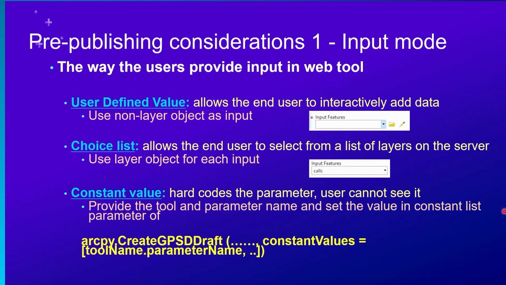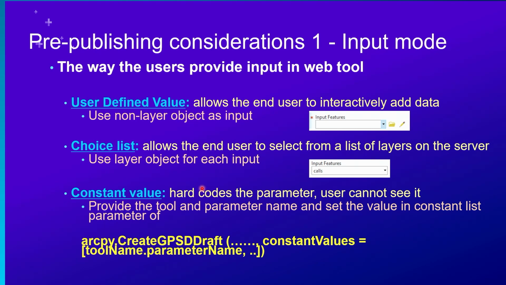The last one is constant. Constant means, of course, a fixed value. After you publish, the user cannot see the parameter. There are 2 workflows where you might use constant. The first one is if you want the users to use a fixed value and do not wish to expose this input as a parameter.